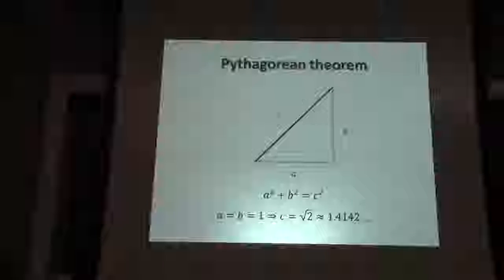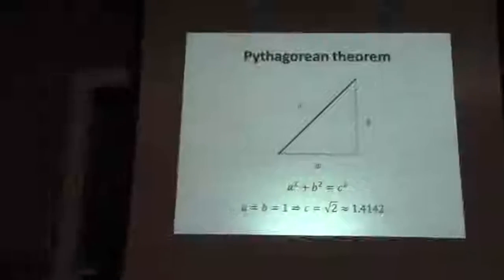That's what the theorem says. So, if A and B are equal to 1 unit, you apply the result and you get 1 squared plus 1 squared equals C squared. But 1 plus 1 is 2, so 2 equals C squared, therefore C is equal to the square root of 2.